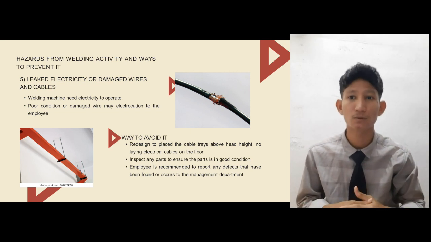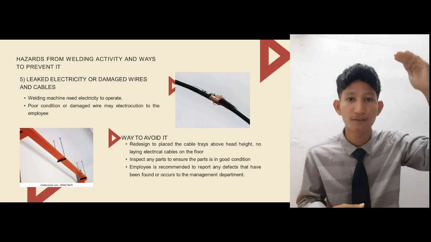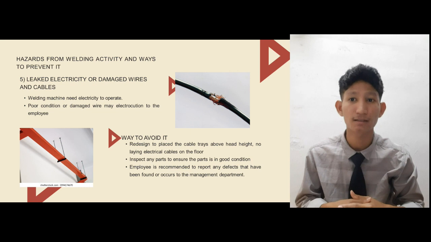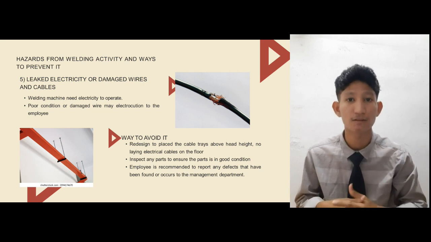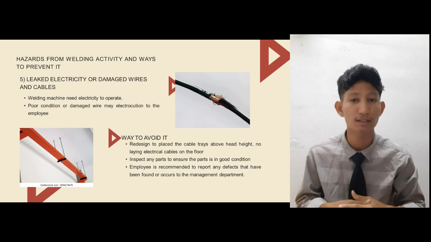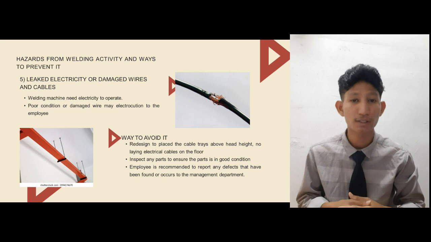So, ways to avoid it: first, redesign to place the cable trays above head height, so that there will be no electricity cables laid on the floor. Second, inspect any parts to ensure the part is in good condition. And third, employees are recommended to report any defects that have been found to the management department.